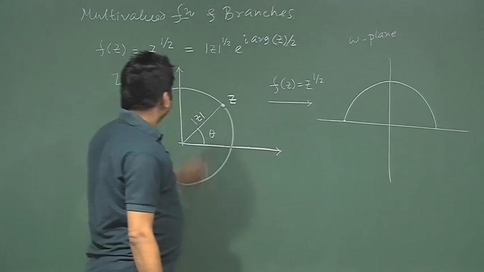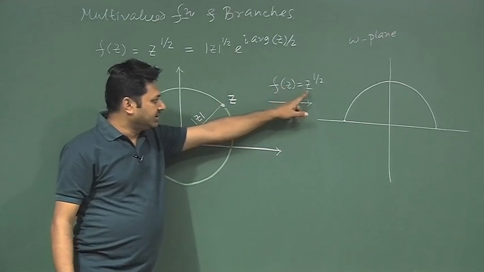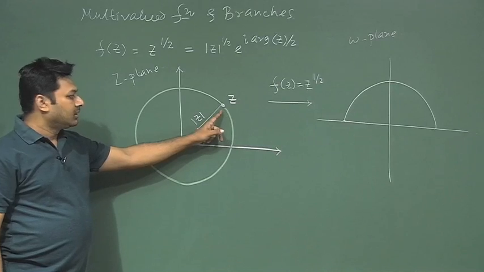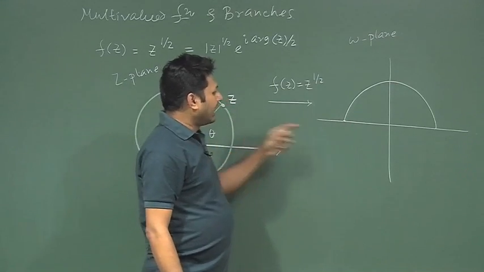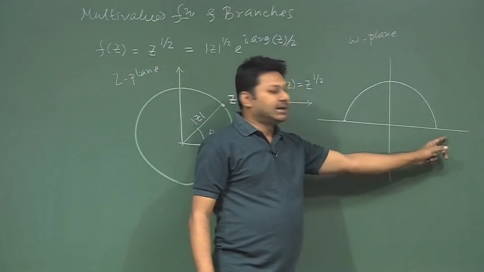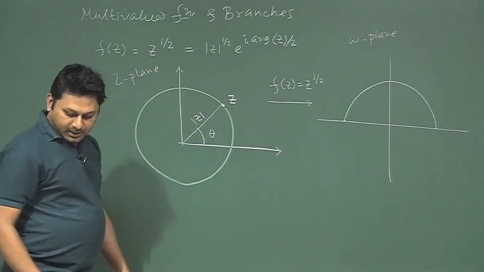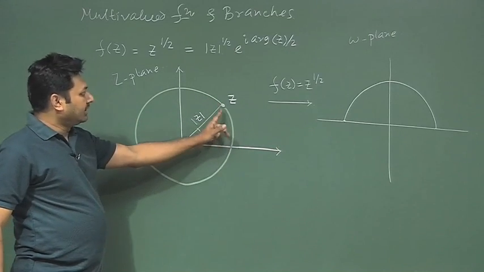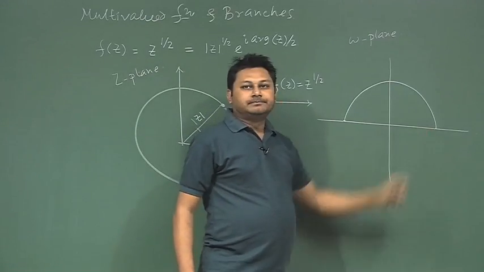Why? Because my argument here is divided by 2, because my function is z to the power half. So, if I have a full rotation in the z plane, in the w plane only the upper part will be covered. In order to cover the lower part, we need to rotate another round.